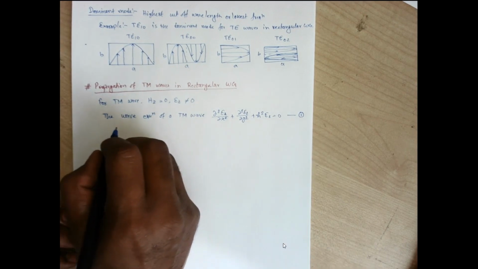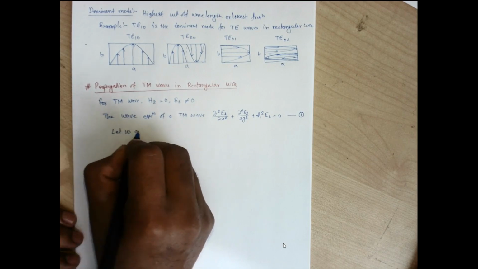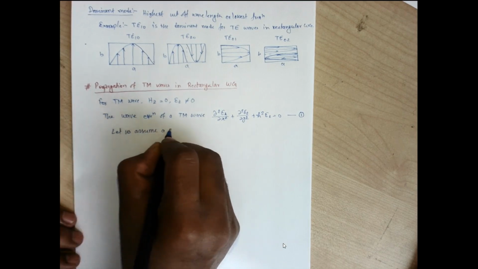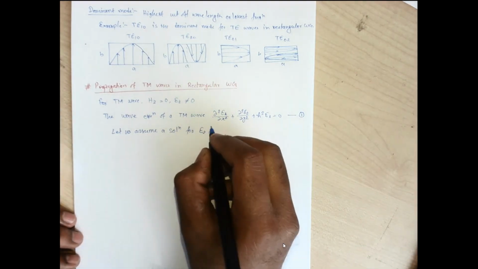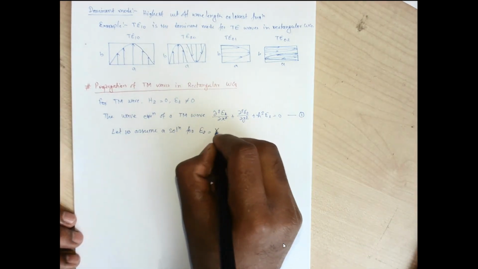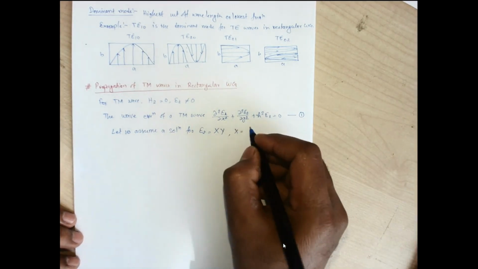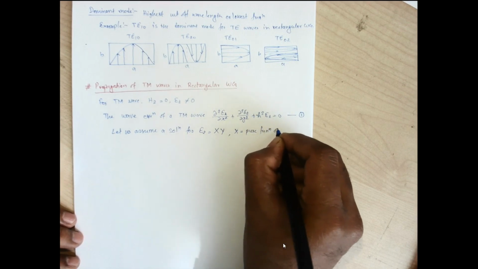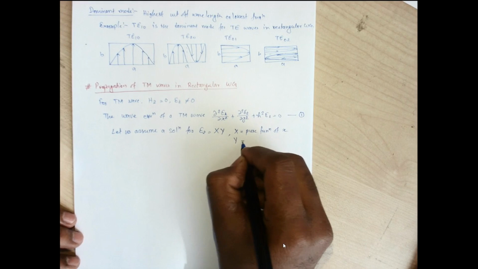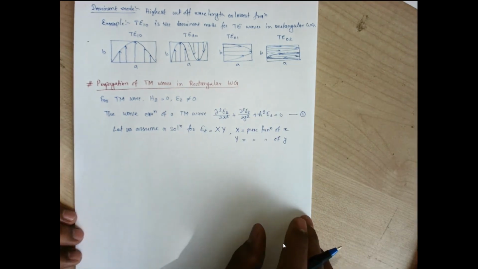So let us assume a solution for Ez is equal to XY. So what is this X? X is a pure function of small x, and what is Y? Pure function of small y.